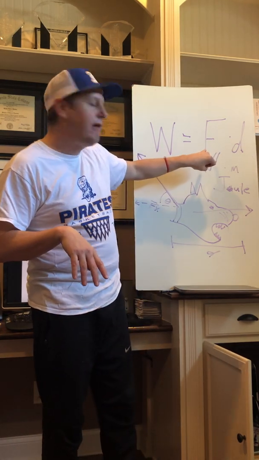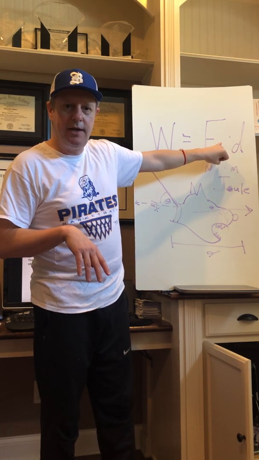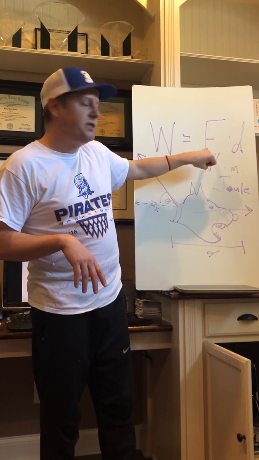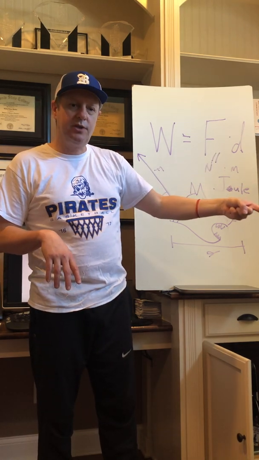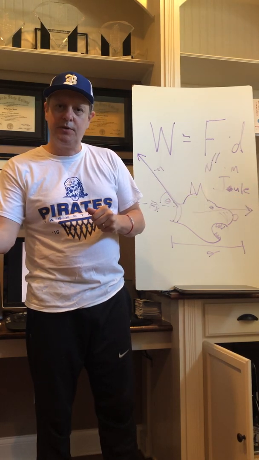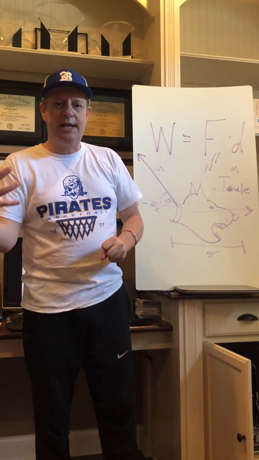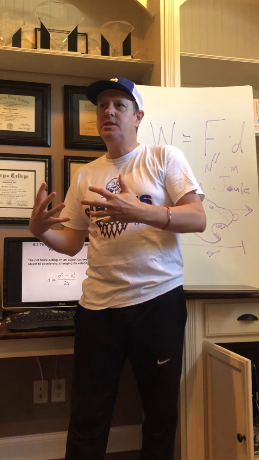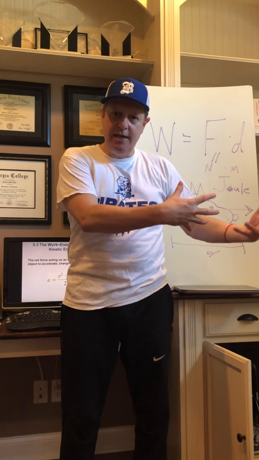There has to be a net force acting through a displacement to speed something up, slow it down, or possibly change its direction. We've said numerous times that objects are not going to speed up, slow down, or change direction without a force acting on them. So if there's a force acting through a displacement, then that's work.